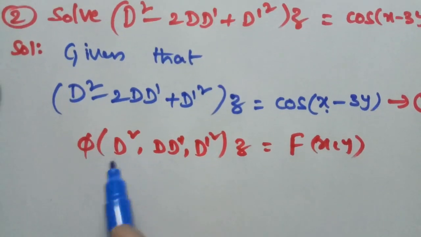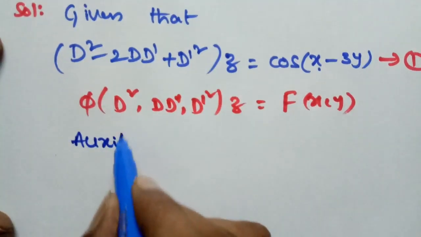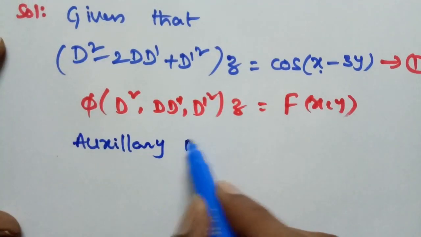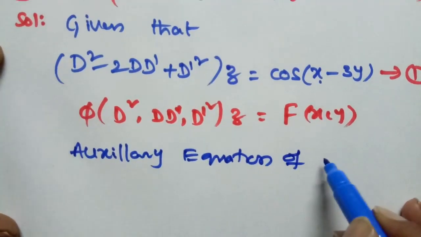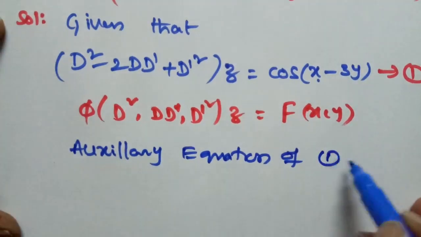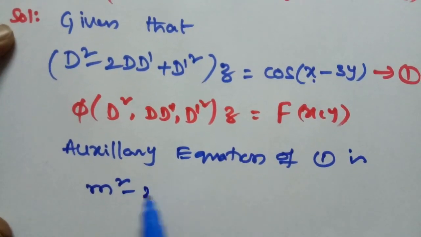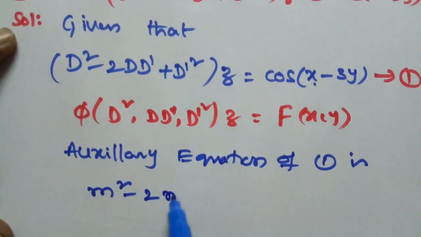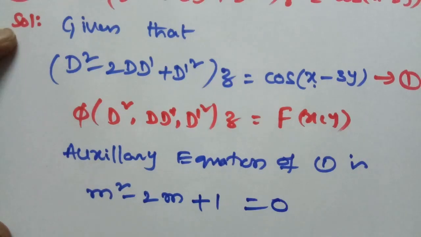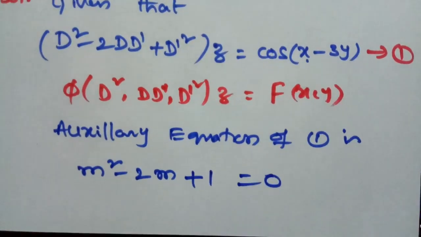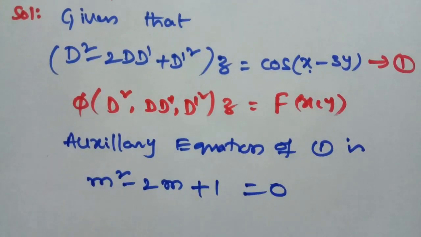Now first write down the auxiliary equation. It is m square minus 2 into m plus 1 is equal to 0, by substituting capital D equal to m and D dash is equal to 1 and equating to 0.